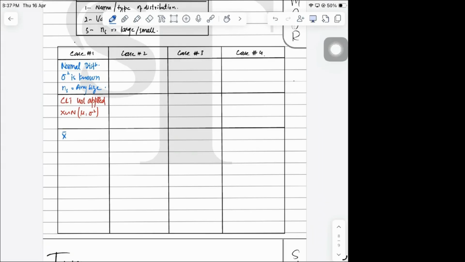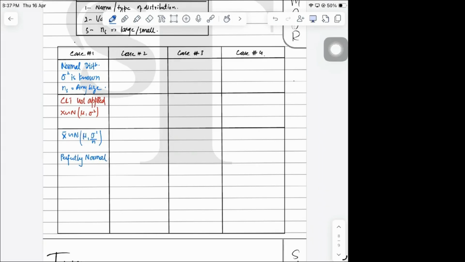And in CLT, we have discussed that when we are not applying the CLT, it is exactly, perfectly normal: mu for the sample I'm talking about, sigma square over n. It is known as perfectly normal.